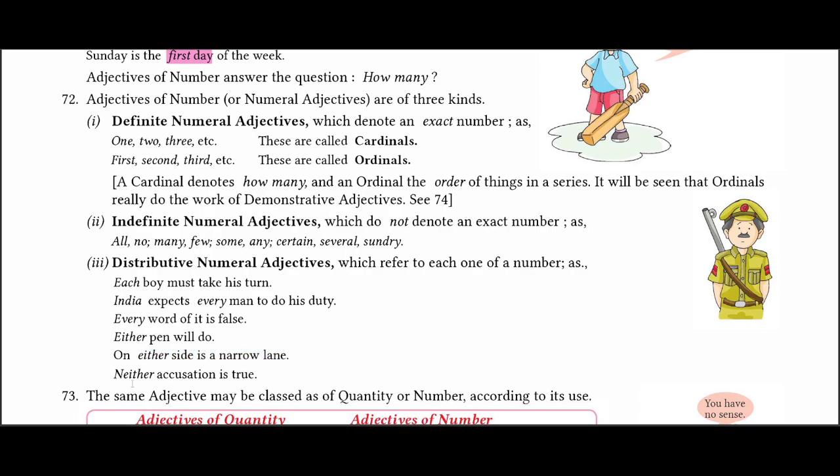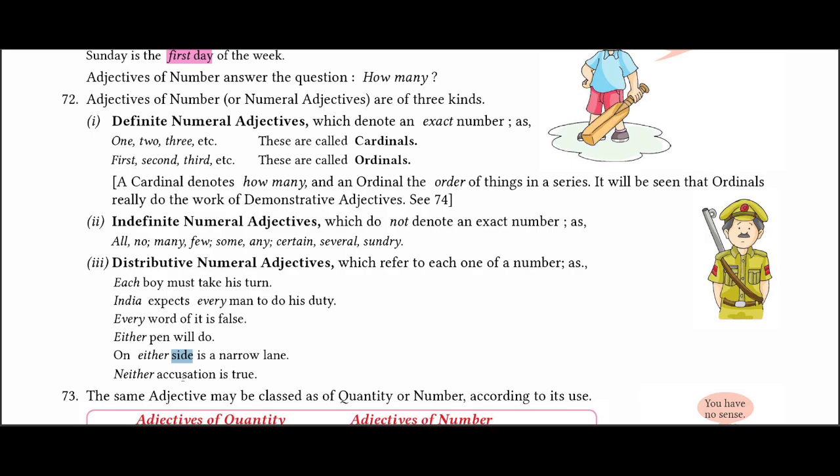Side is a noun. It appears to be in singular number, but actually it's not one side. These are two sides that are being talked about. And either applies to both of them. Its sense is being distributed to both of them.